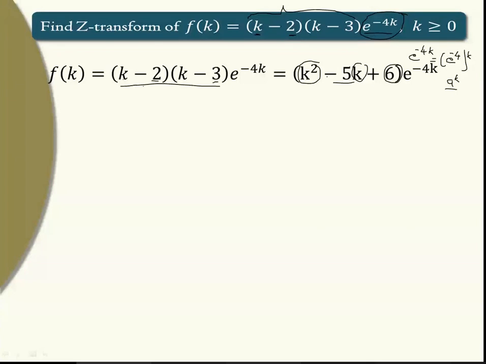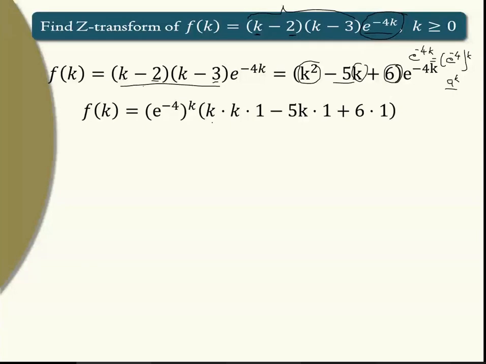Now the Z transform of these terms is not known to us, so we have to simplify it to get the Z transform. Now we know the multiplication by k property, but how to use it here? This k square, this 5k, or 6, we can write as k into k into 1.